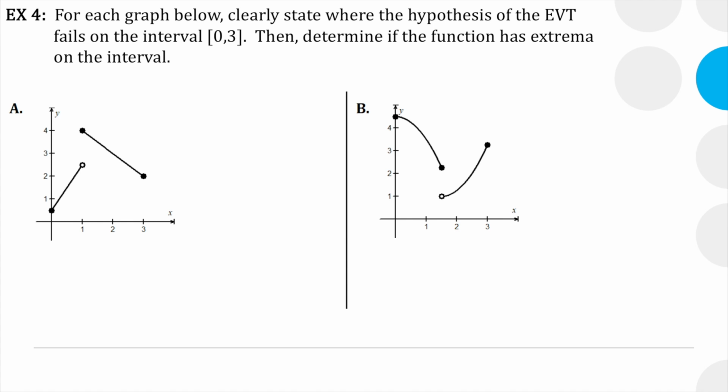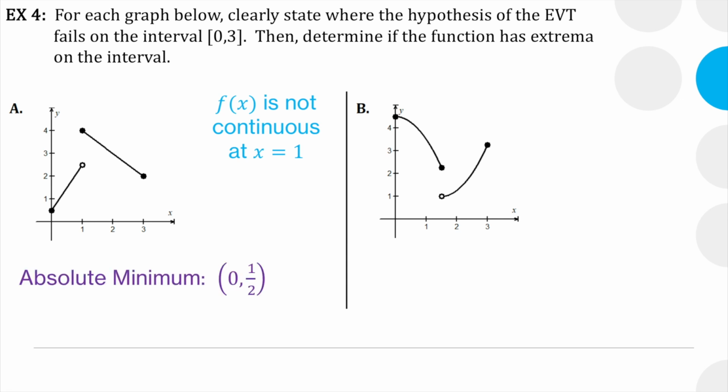For each of the graphs, we're going to state where the hypothesis of the extreme value theorem fails on the interval of 0 to 3. Then we can see if the function has extrema on that interval. So for A, why doesn't the theorem apply? Because it's not continuous at x equals 1. We still, though, have an absolute minimum at 0, 1/2, and an absolute maximum at 1, 4.